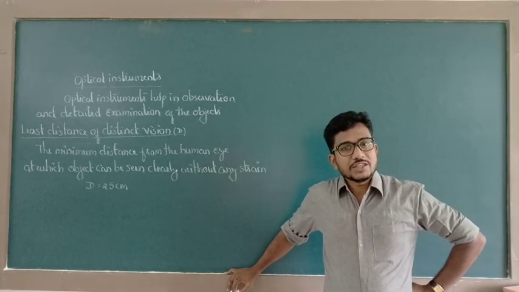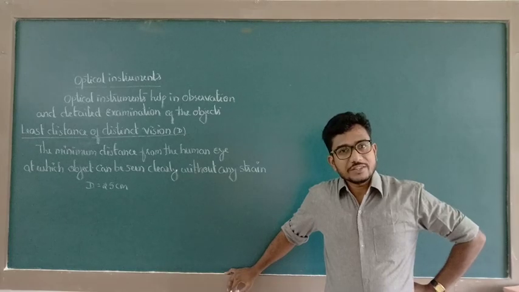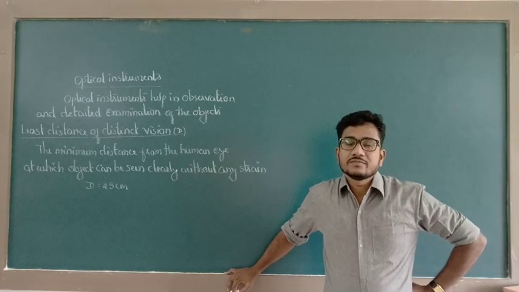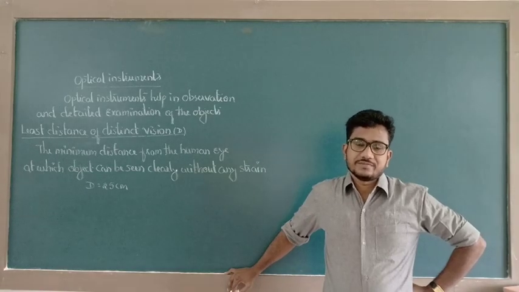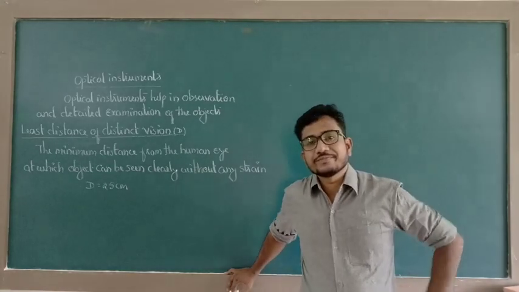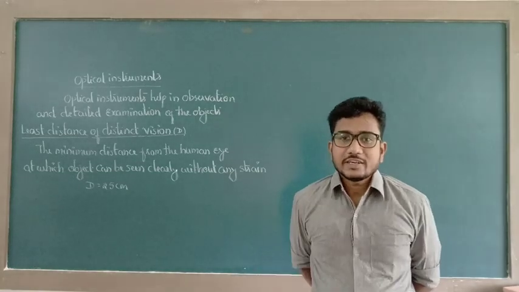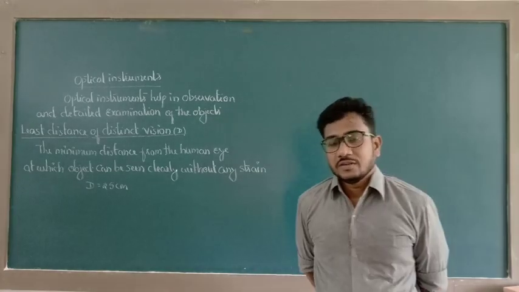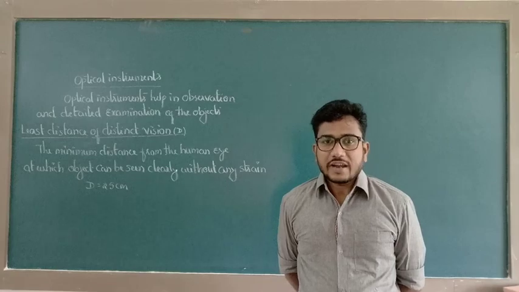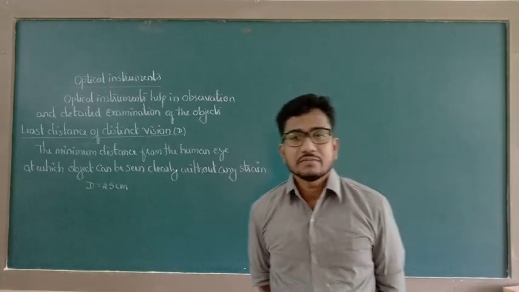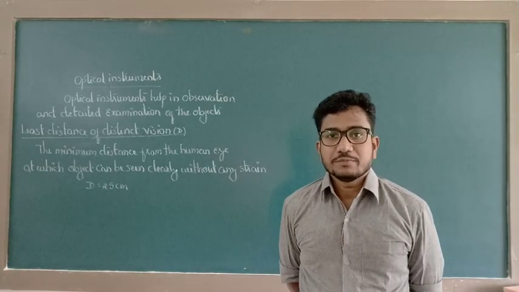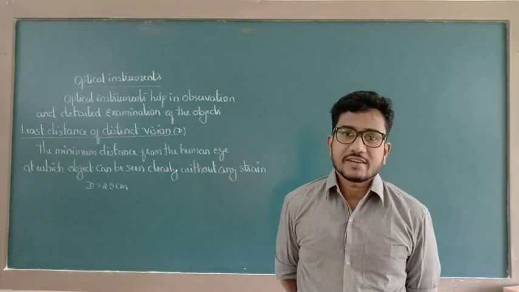If there is a change in this 25 centimeter or infinity, that causes eye defects in human beings. Depending upon that, we classify eye defects into myopia, hypermetropia, presbyopia, astigmatism, etc.